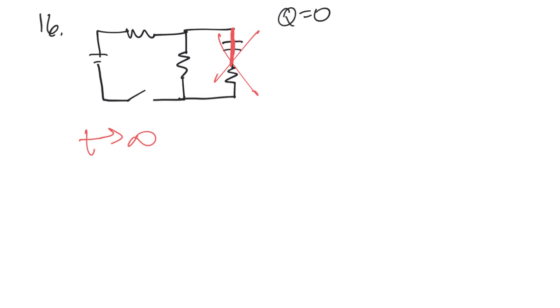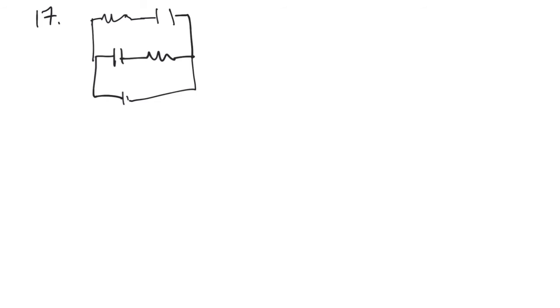17 is a little bit more fun. So it looks like this with the switch open, right? And if it's been like this for a long time, then those capacitors are charged, right? So if the capacitors are charged, then that's a break in the circuit. And so therefore there's going to be no current flowing. Okay?